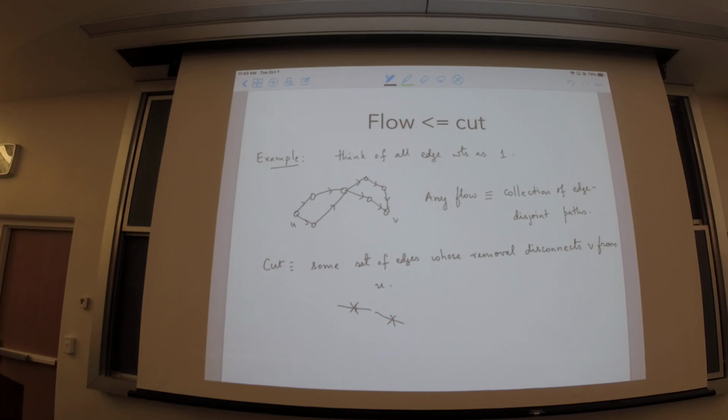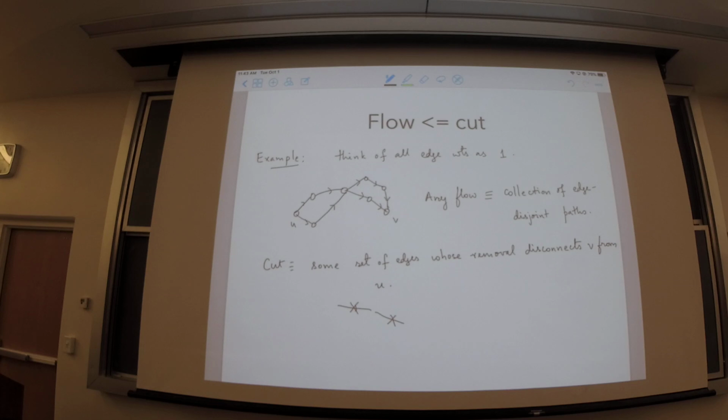Probably. Okay. So the easier way to think about it is, look at any cut, and let's say I remove all the edges in the cut. Now, by the definition of a cut, there cannot be any path going from U to V. So at this point, the maximum flow from U to V is actually 0.